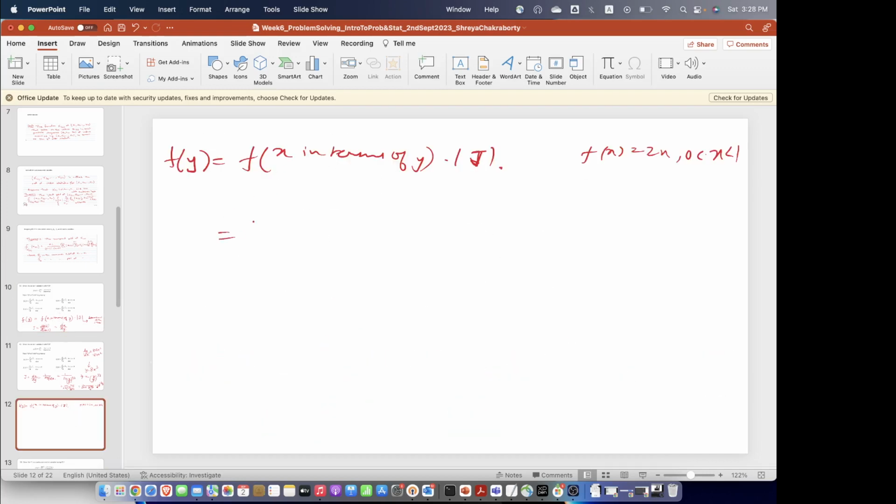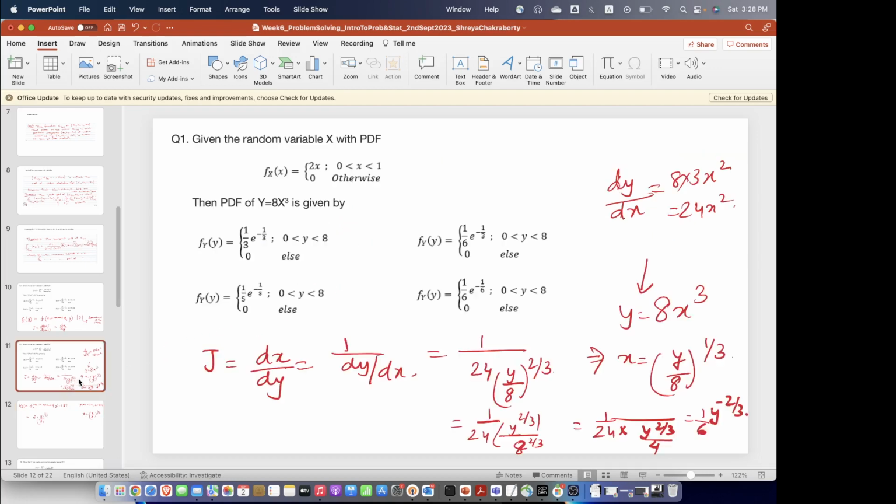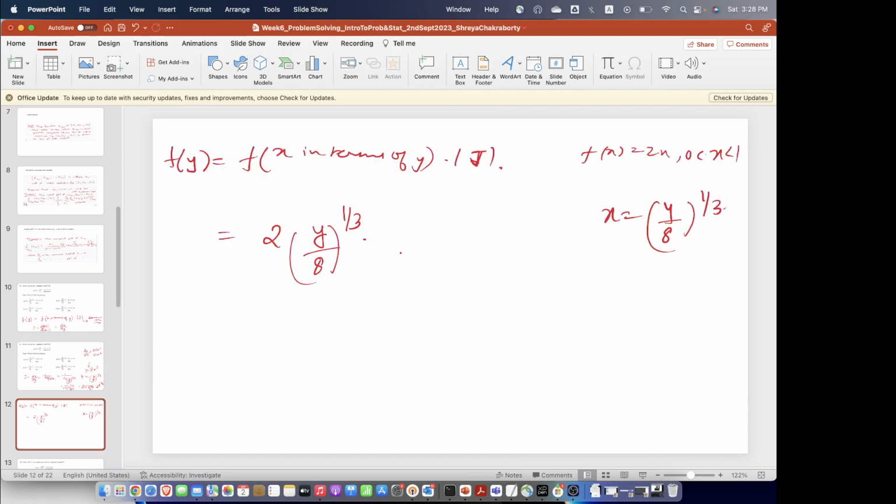So now we can write f(x) equal to 2, and now we have x equal to (y by 8) to the power 1 by 3, into 1 by 6 y to the power minus 2 by 3.